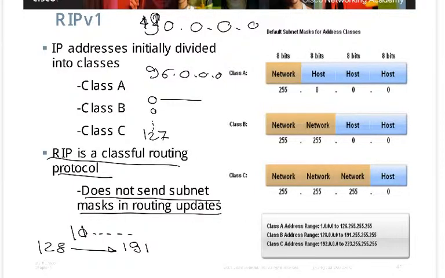This is the accurate definition, because we will see in a minute that RIP does deal with classless addresses, but it has to apply certain rules to know what is the subnet mask of this address, in a way which is different from sending the subnet mask explicitly as part of the route update, because it doesn't do that. It does not support sending subnet mask as part of the route update.